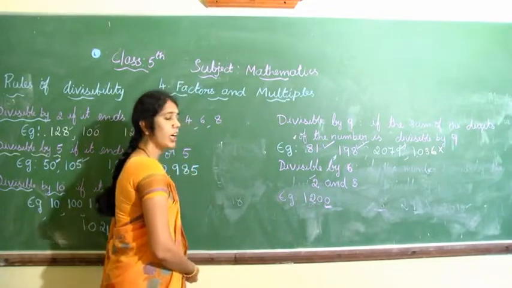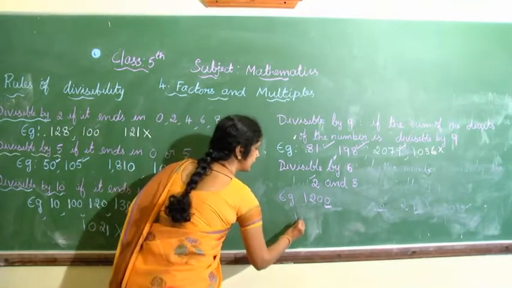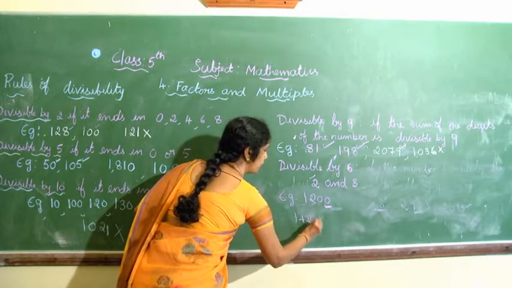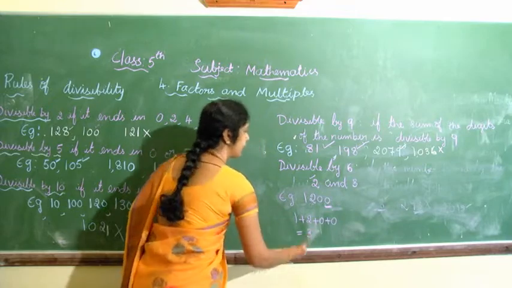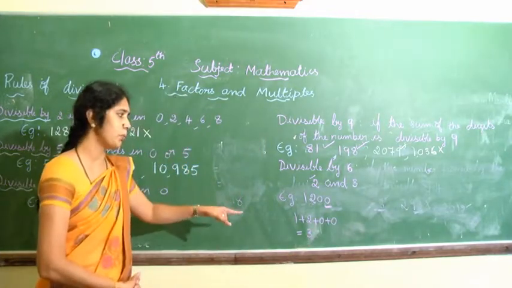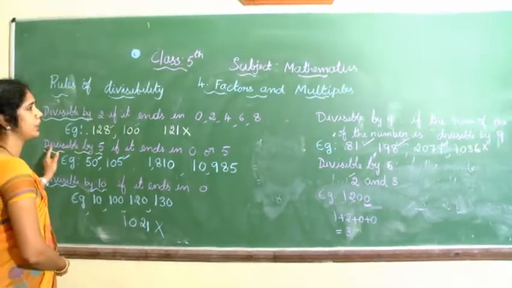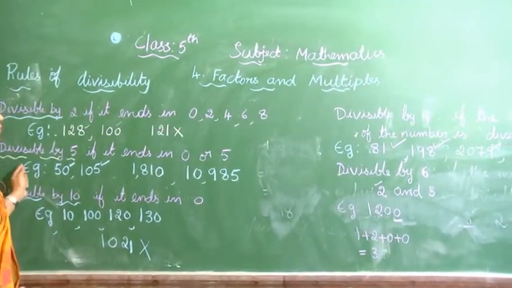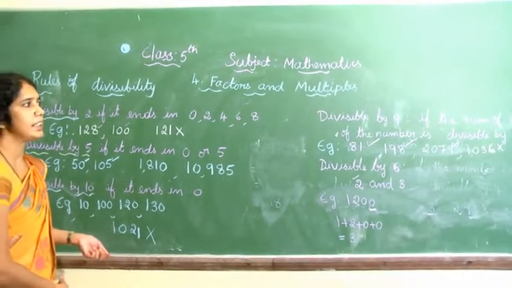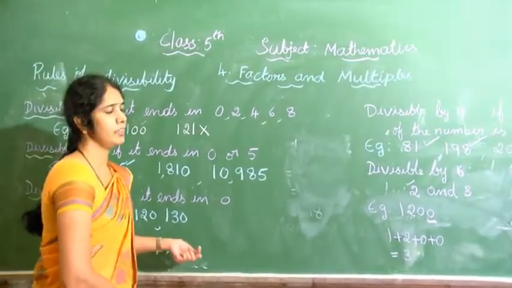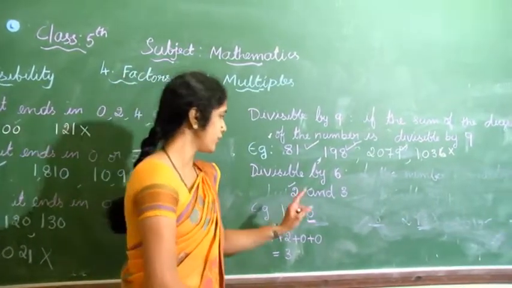See, what we have to do? We have to add all the digits. 1 plus 2 plus 0 plus 0. What will we get? 3. Is 3 divisible by 3? Yes. See here, what does the divisibility test of 3 tell? If the sum of all the digits is divisible by 3, then we can tell that it is divisible by 3.